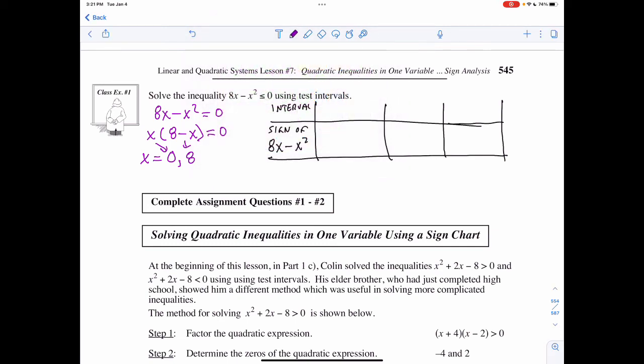The first interval is going to give me x is less than 0. Second interval is 0 is less than x, which is less than 8. And then finally, x is greater than 8.